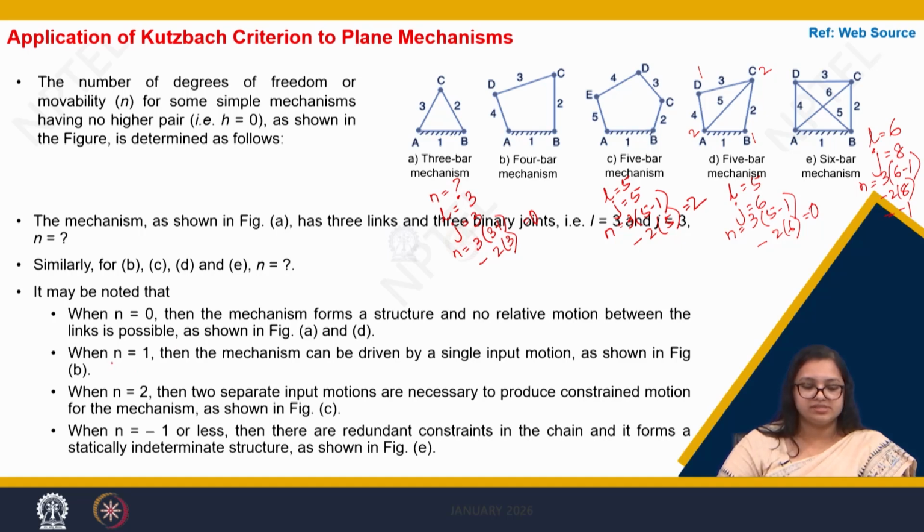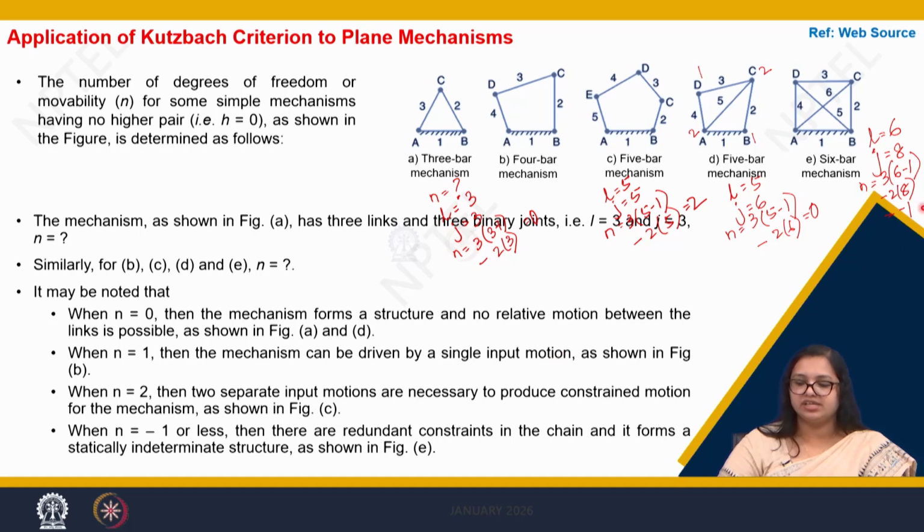However, when the degrees of freedom is 1, that is for a 4-bar mechanism, we can give only a single input motion. When the degrees of freedom is 2, then there can be 2 separate input motions which are necessary to produce constrained motions for the mechanism.